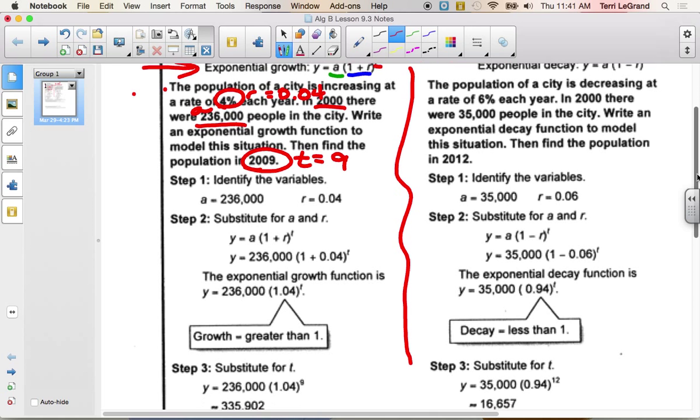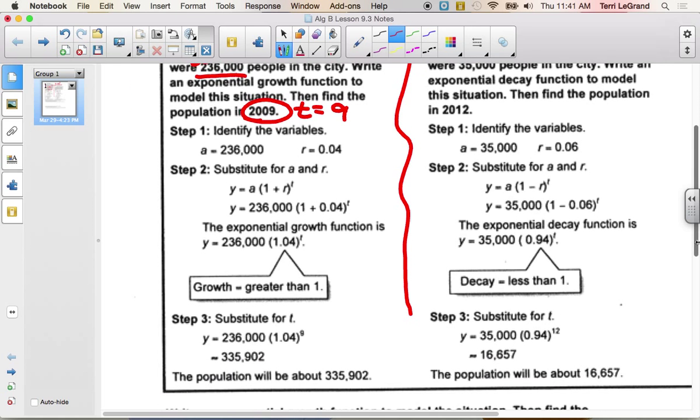So notice they have done some of the same stuff. Identify the variables, substitute in. And then they added the 0.04 to the 1, which made the B value 1.04.